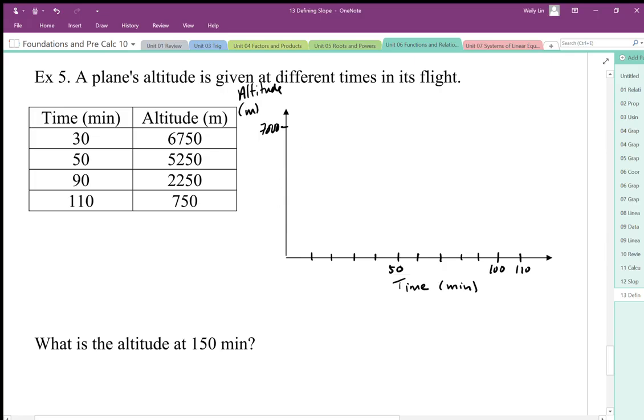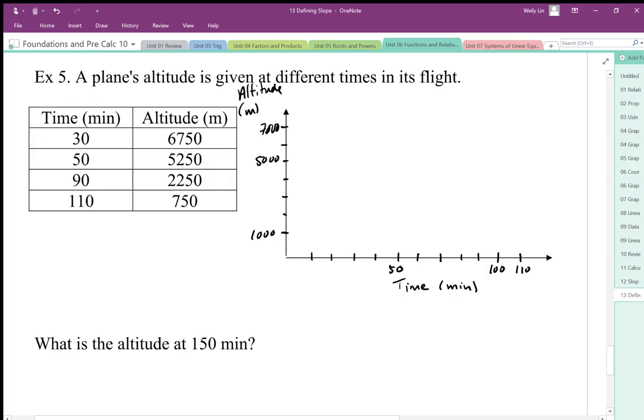It's a little more like that. So 6, 5, 4, 3, 2, 1. Okay, so there's 1,000 meters, 2,000, 3,000, 4,000, 5,000 is right about there.